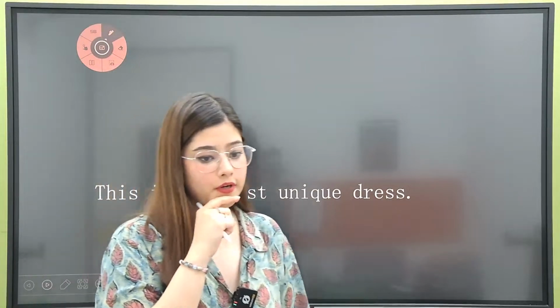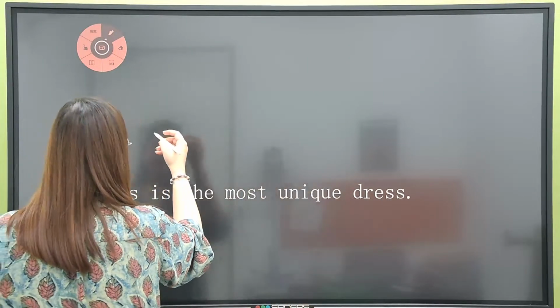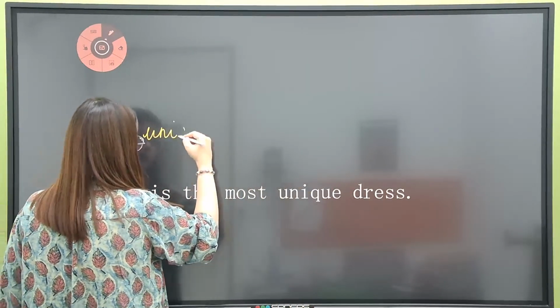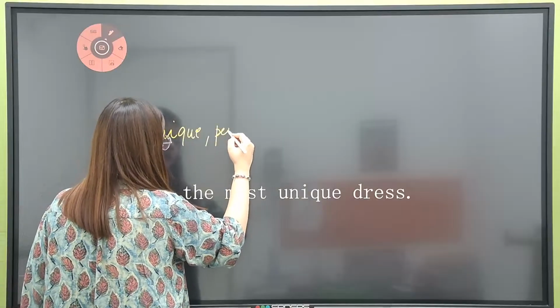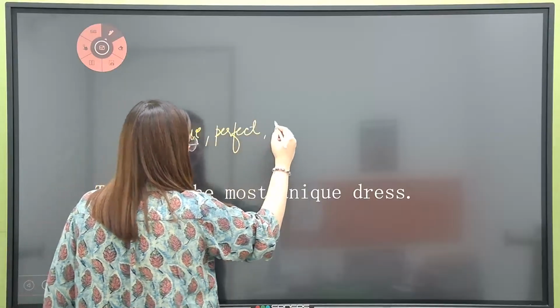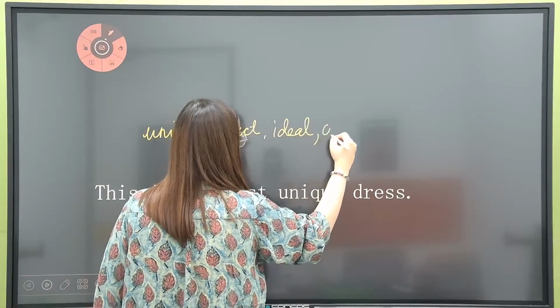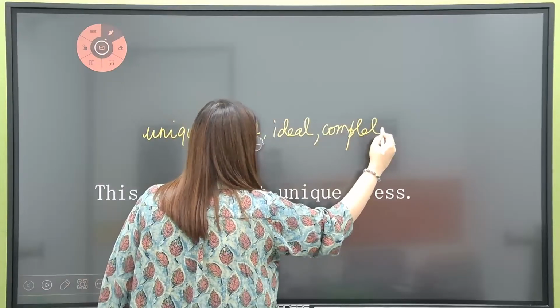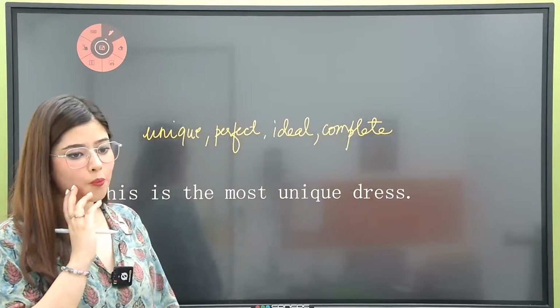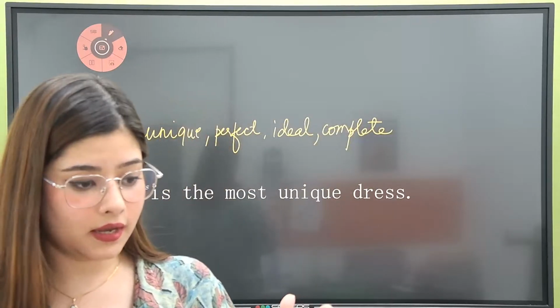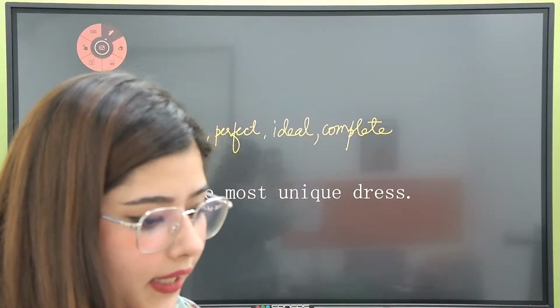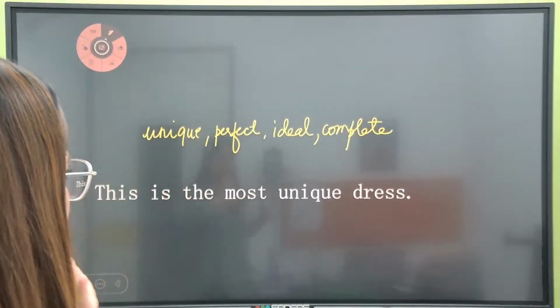I do not remember clearly, but words like unique, perfect, ideal, complete, they would not take a superlative form because they are already in their superlative forms.